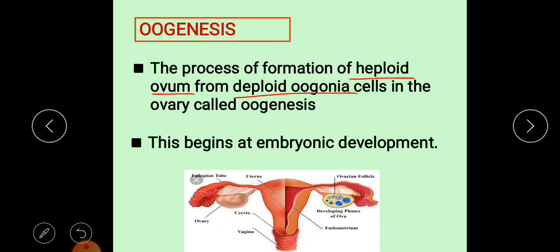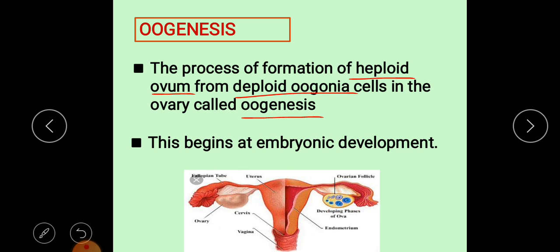So here the oogonia plays a very important role, giving birth to the female gamete. From a single oogonium cell inside the ovary, the process of oogenesis is completed.